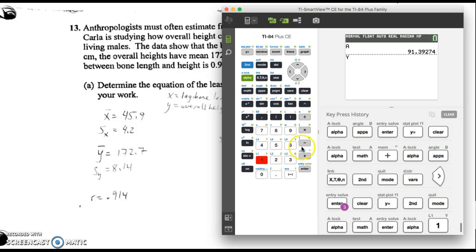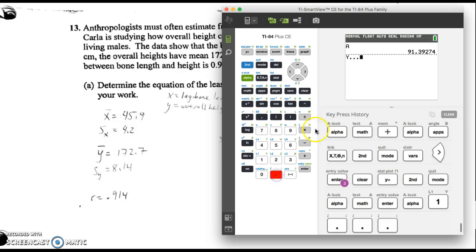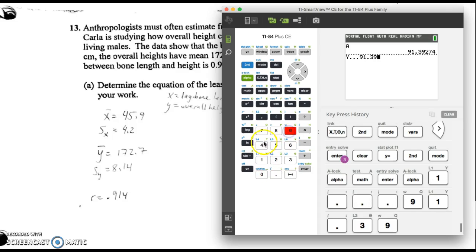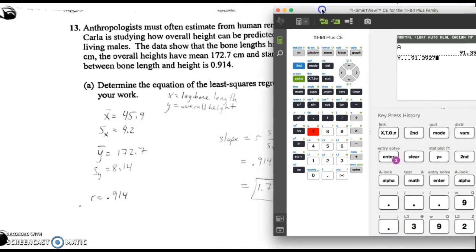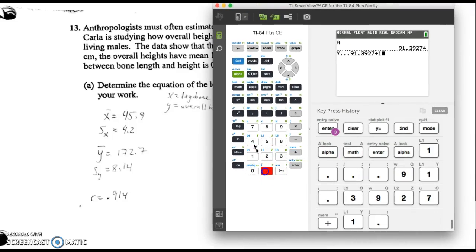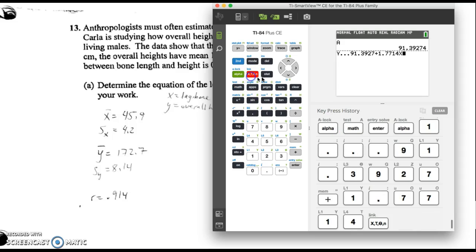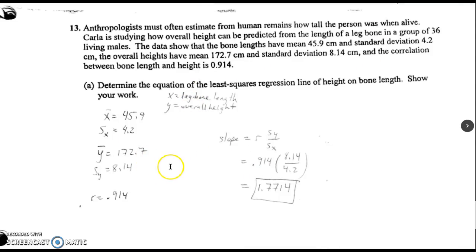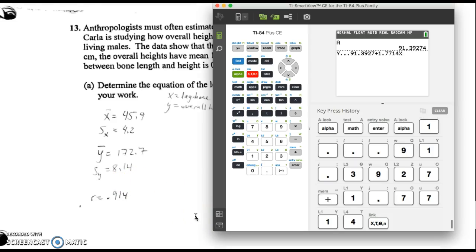We got alpha y. Y, we're going to say equals, so I'm just going to put a dot. This is representing equals. So we'd have 91.3927. And our b value was 1.7714, so plus 1.7714x. This is your equation. Y equals 91.3927 plus 1.7714x. You can see over here I didn't write that whole equation because I didn't finish the problem. But this is what the equation should be on that paper.